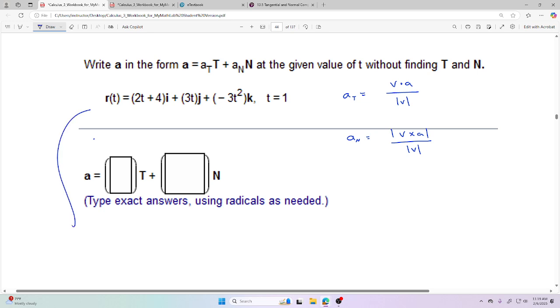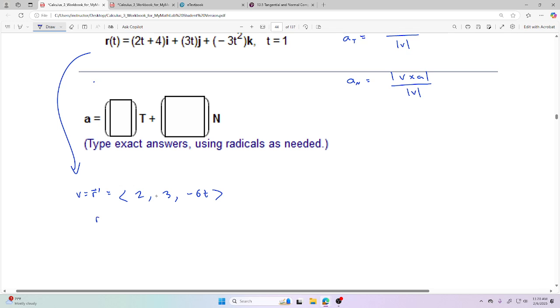So here we go. V, R prime, either way. What do I have? 6t, very good. Exactly. A, R double prime. Perfect. Now we're going to have to dot and cross them. So I'm going to do R prime dot R double prime.